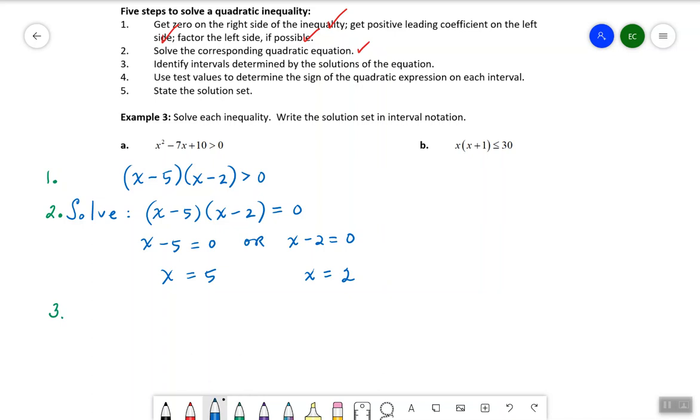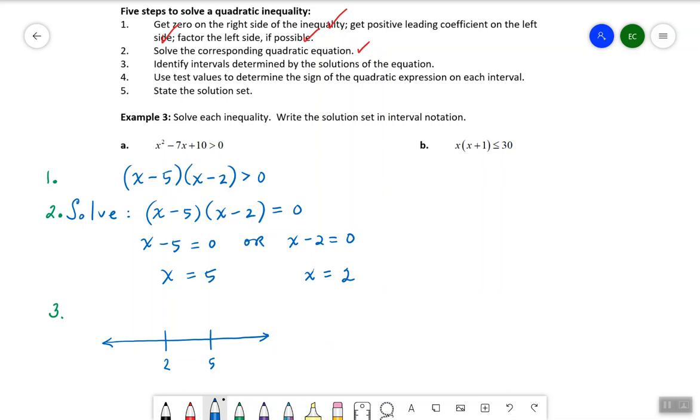What that means is that we want to draw a number line, and we just need to label the 2 and the 5 on the number line. You could put the other numbers like 0 and 1 and 3 and 4 and 6 and 7 and so on, but that's not necessary. We do need to be careful that 2 is on the left and 5 is on the right, because of course 5 is bigger than 2, and the number line goes from least to greatest, from left to right.